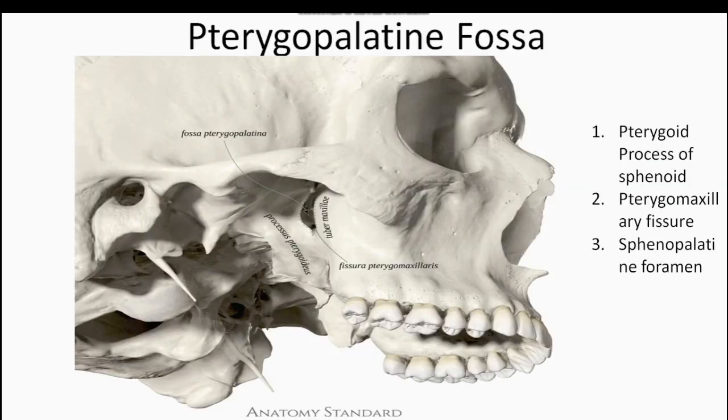Now we are going to begin the topic, pterygopalatine fossa. Fossa means it's a depression in a particular part of the bone which contains some important structures. This fossa is pyramidal in shape. Second, it is present in the deeper aspect of the infratemporal fossa.